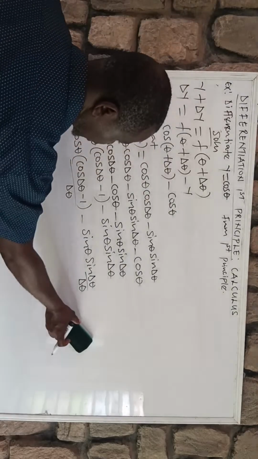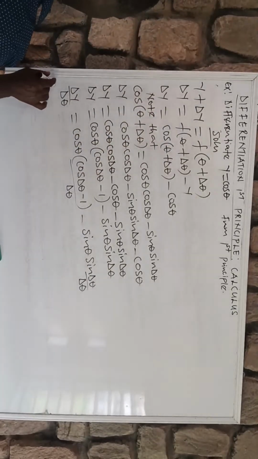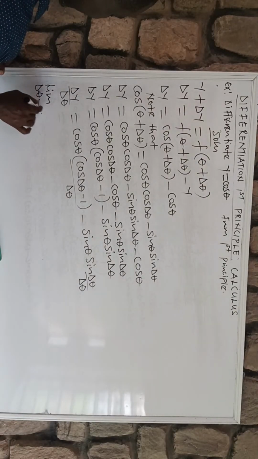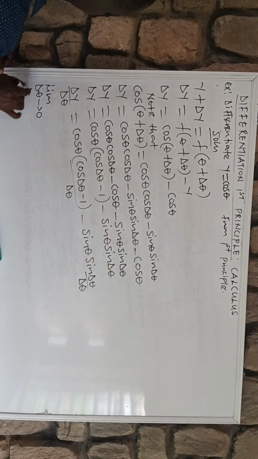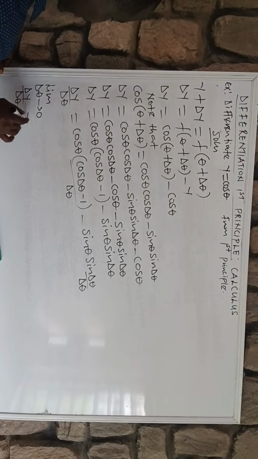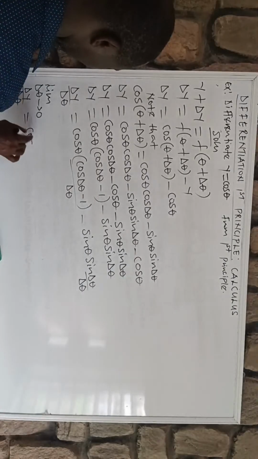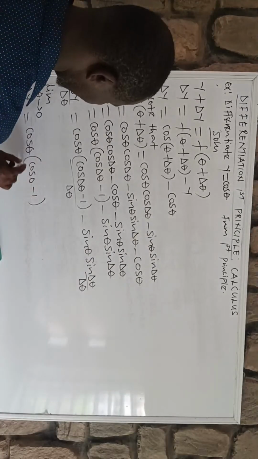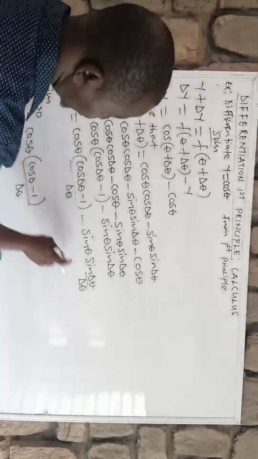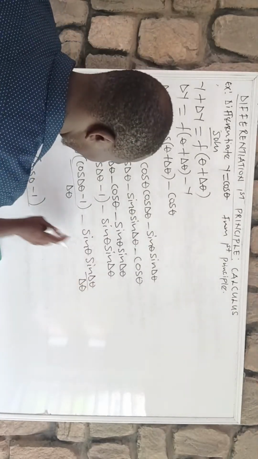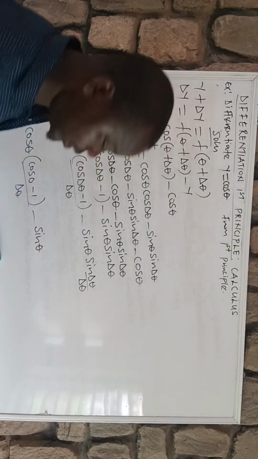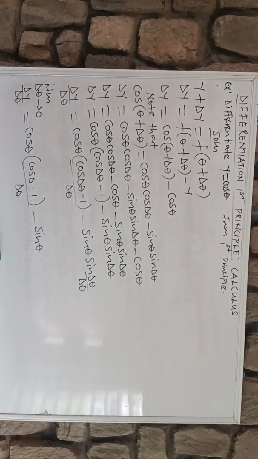So we now introduce limits. Is that clear? As delta theta tends to 0, it means our dy over delta theta will be equal to cos theta open bracket cos 0 minus 1 all over delta theta. Already our sin delta theta over delta theta is 1 times sin theta, which is sin theta. True or false?